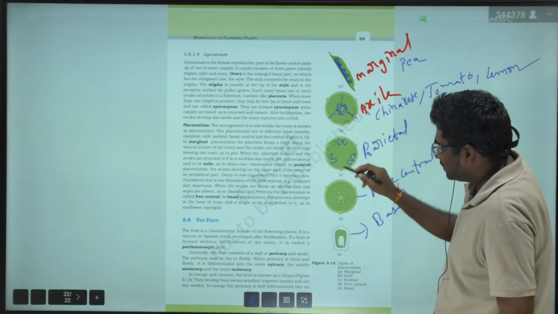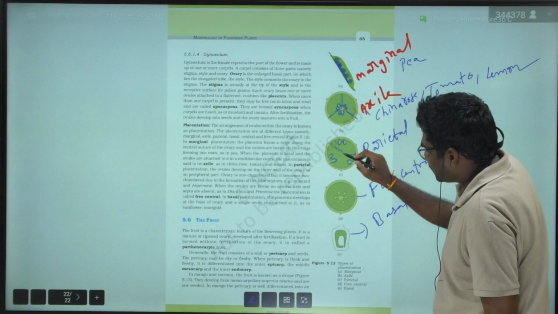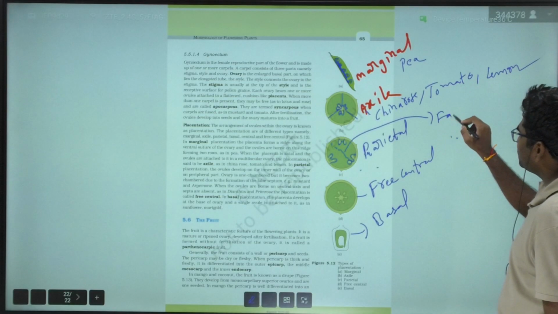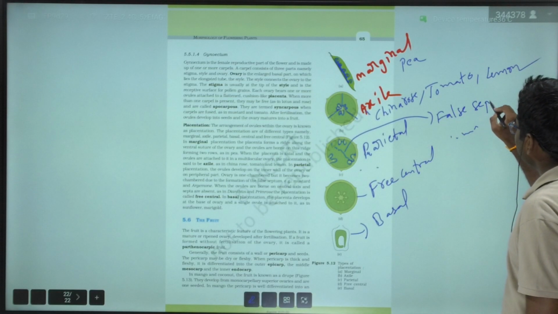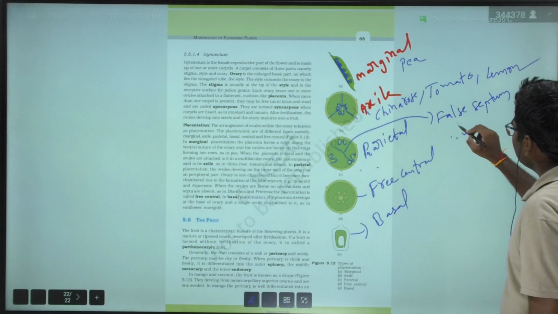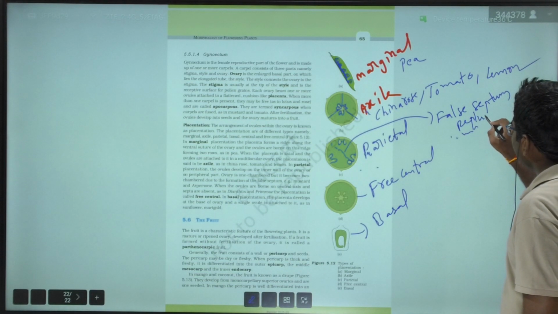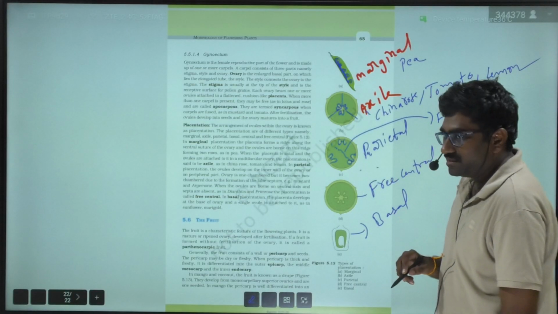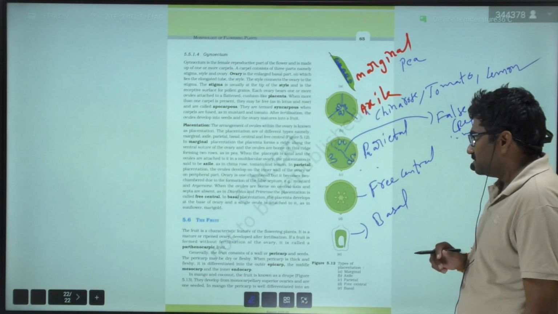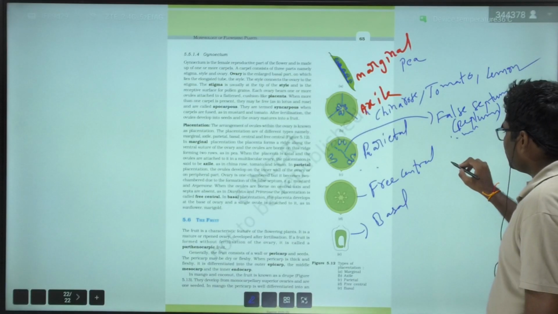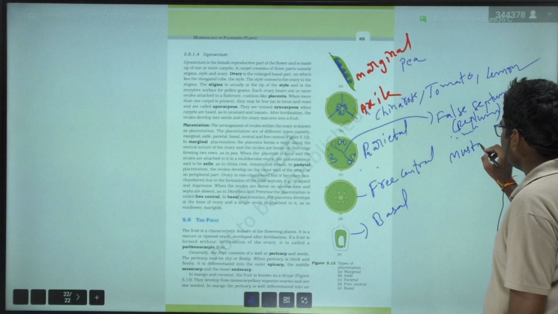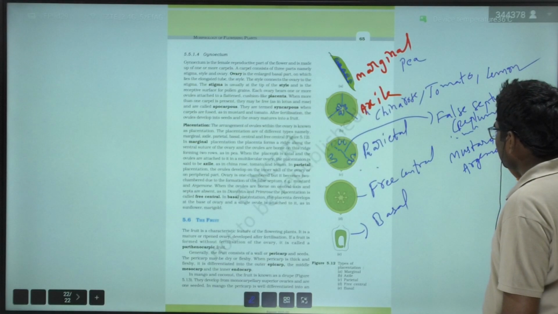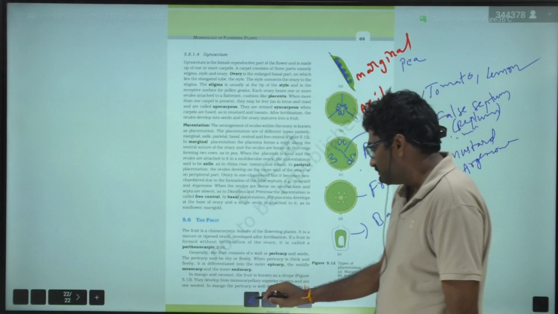Initially it is one chambered, but due to the formation of a false septum, also called a replum, it looks like a two chambered ovary. Mustard and argemone are examples of parietal placentation.